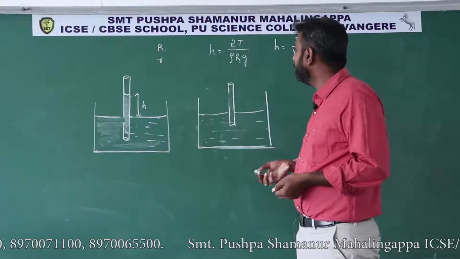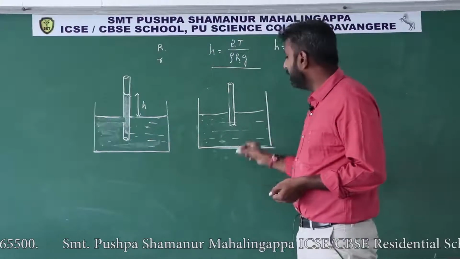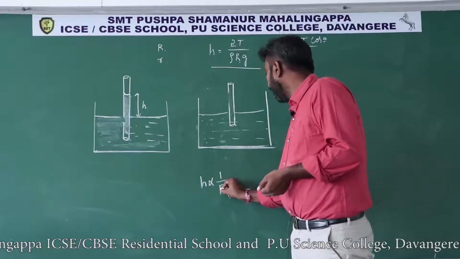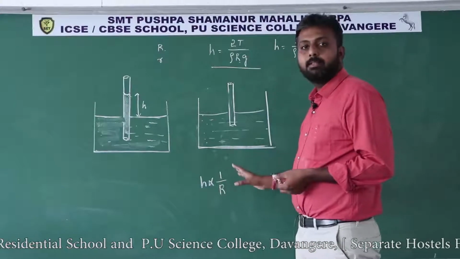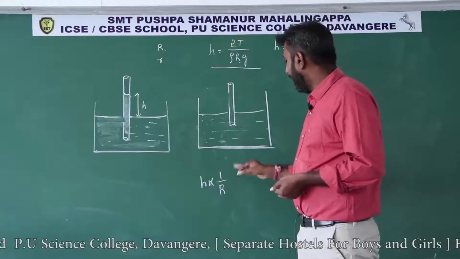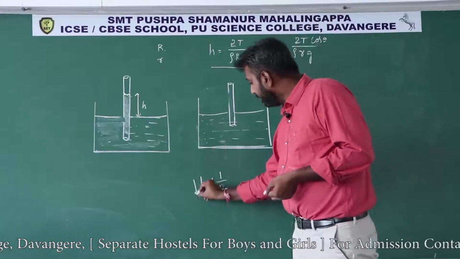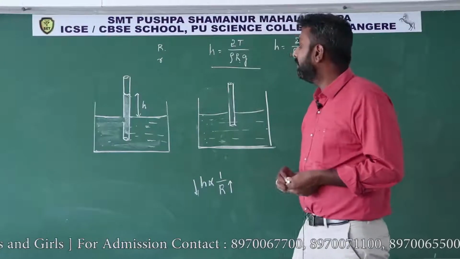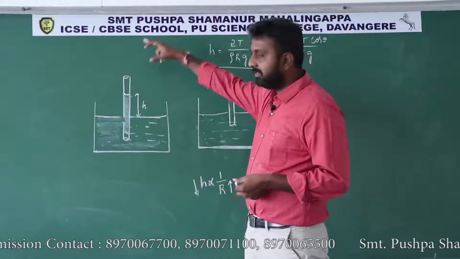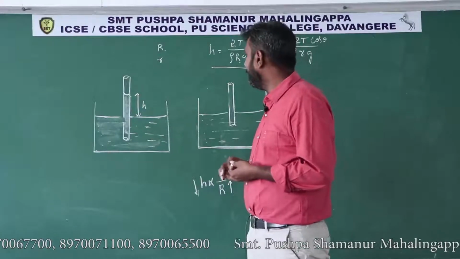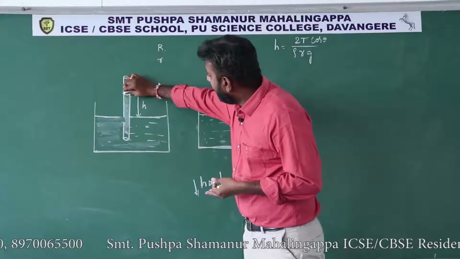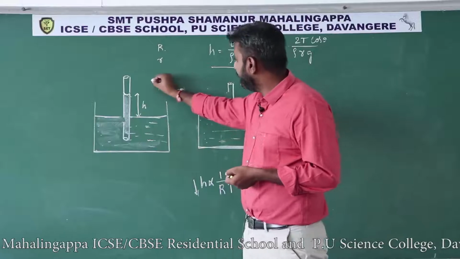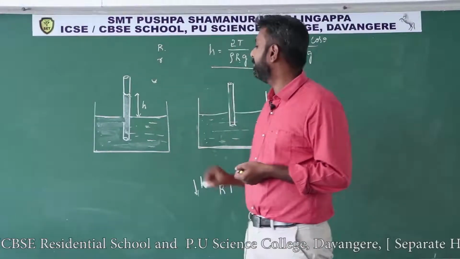So here, from this formula we came to know that H is inversely proportional to R. H is inversely proportional to R means as height decreases, radius of curvature increases. So if the height of the capillary tube is more, the surface becomes more curved, or the radius of curvature becomes less.